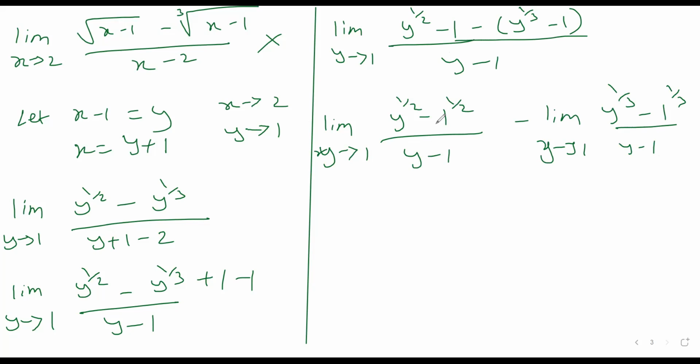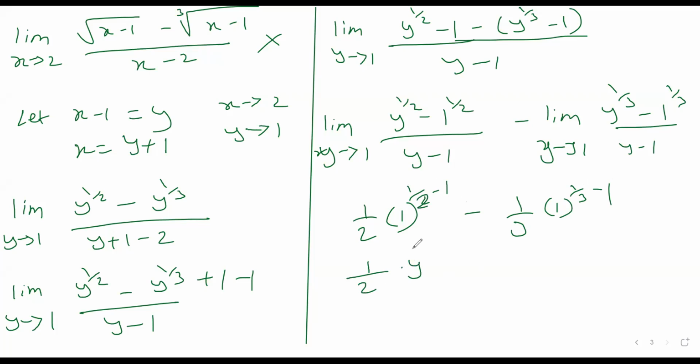This is of the form x raised to n minus a raised to n upon x minus a. This will be 1 by 2, 1 raised to 1 by 2 minus 1, minus 1 by 3, 1 raised to 1 by 3 minus 1. That is 1 by 2, 1 raised to minus 1 by 2, minus 1 by 3, 1 raised to minus 2 by 3.